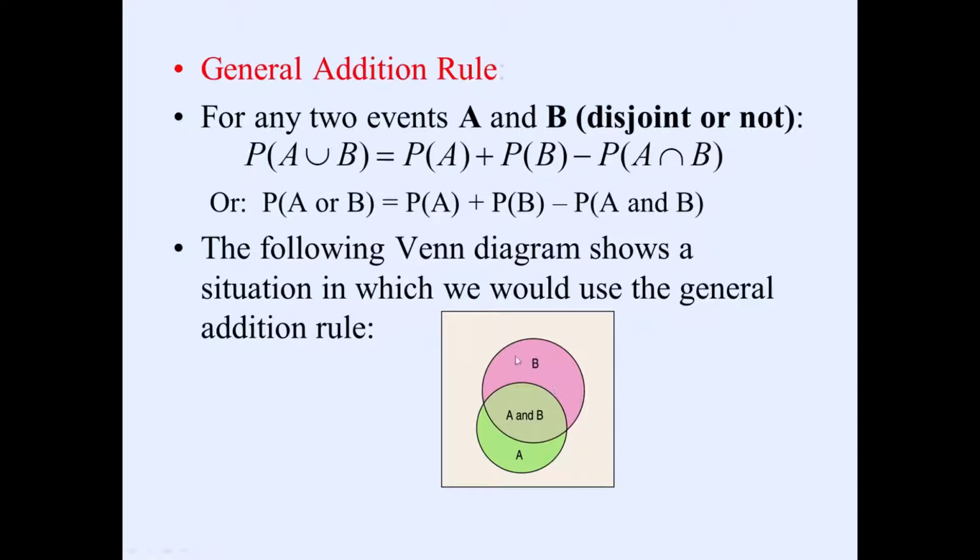So if you add the two together, you get two instances of A and B. That's why you've got to do a correction by subtracting one of those instances, one of the overcounts, to get back to where you're even Steven, okay? So that's how this works.